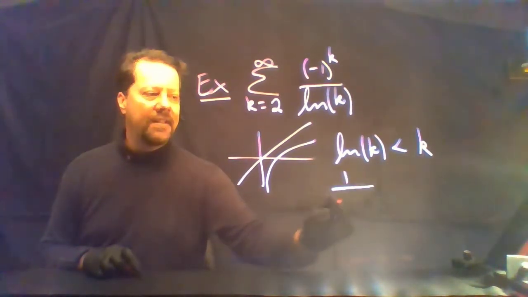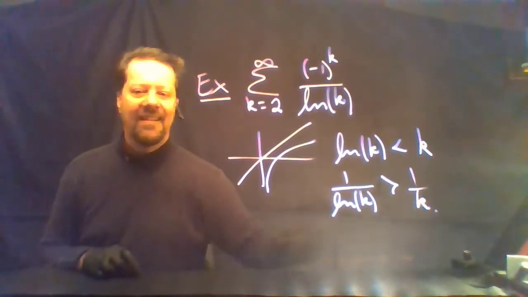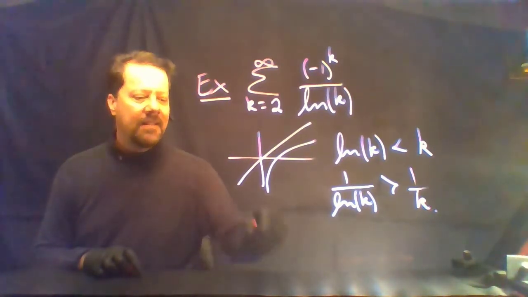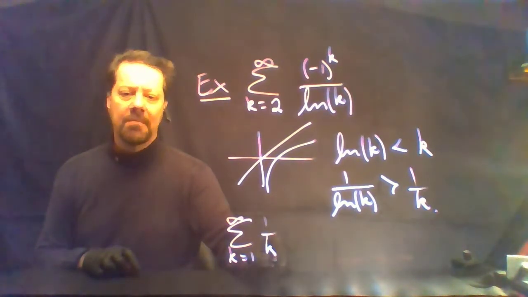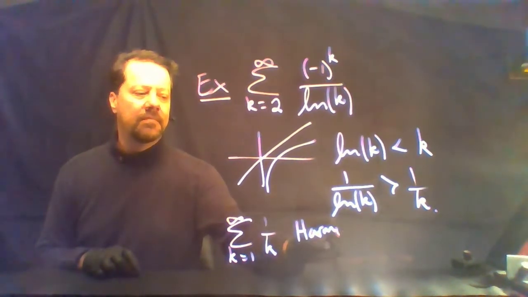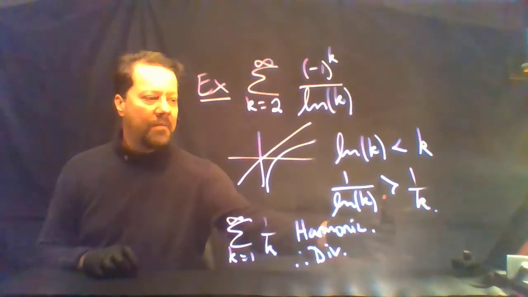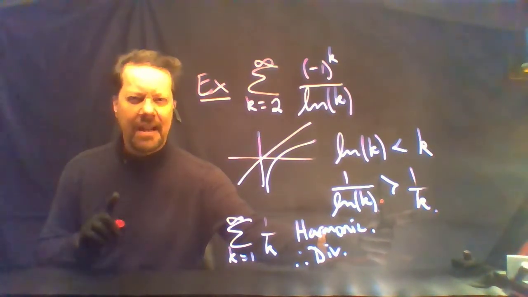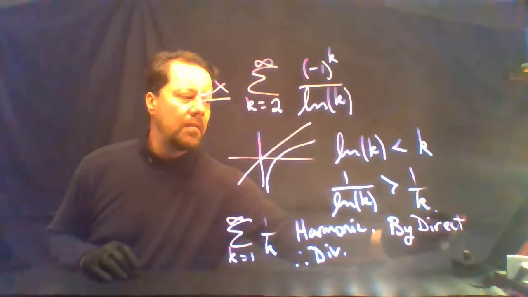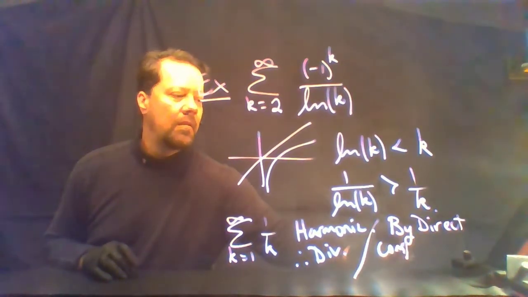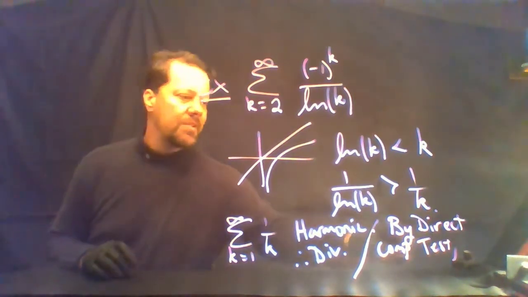It follows then that 1 over the natural log of k is bigger than 1 over k, since this series is the harmonic series and therefore diverges by the direct comparison test, the series of positive terms diverges.